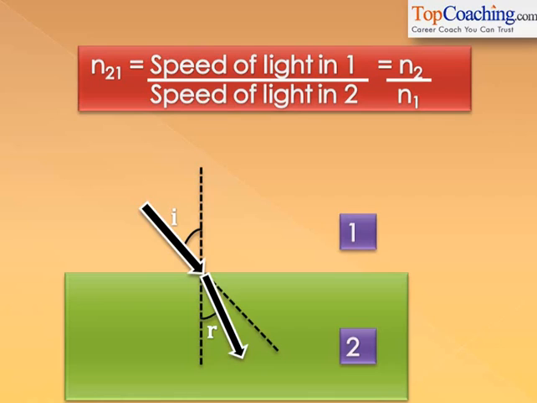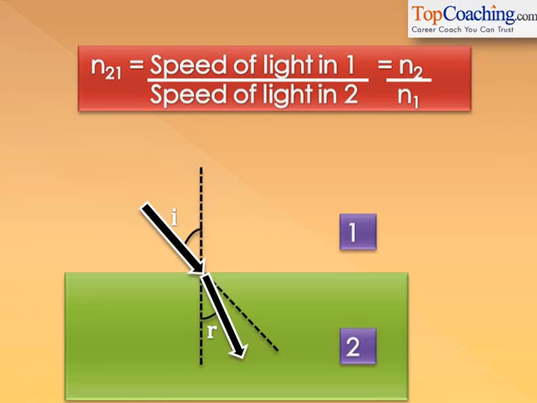So refractive index basically represents the ratio of the speed of light in one medium to another. The refractive index of medium 2 with respect to 1 is the speed of light in 1 divided by the speed of light in 2. Understood? And N21 is also N2 by N1.